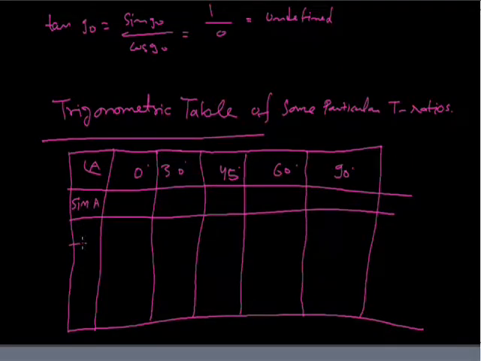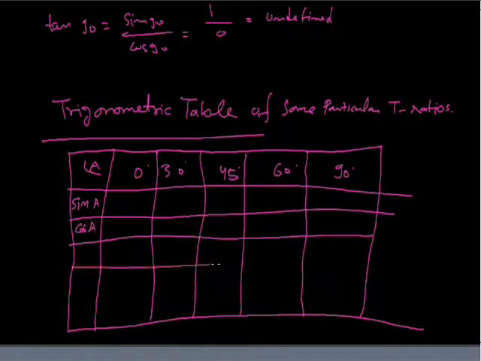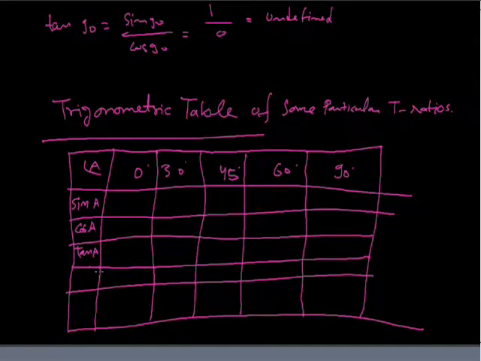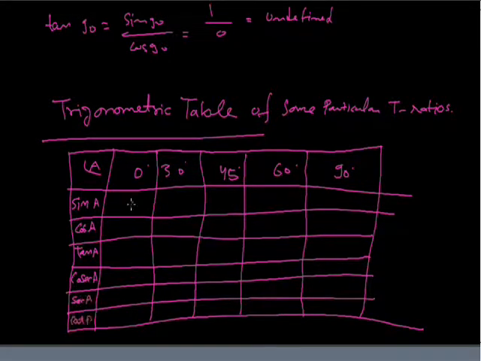Now we draw the trigonometric table of some particular T ratios: sin A, cos A, tan A, cosec A, sec A and cot A. Sin 0 is 0, sin 30 is 1 upon 2, sin 45 is 1 upon root 2, sin 60 is root 3 upon 2, and sin 90 is 1.